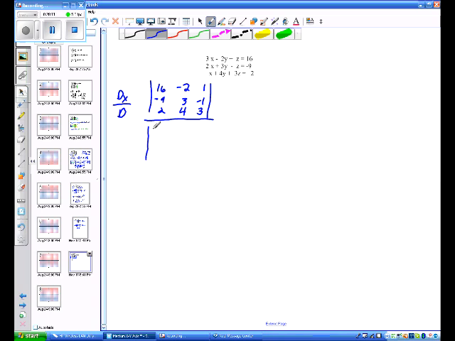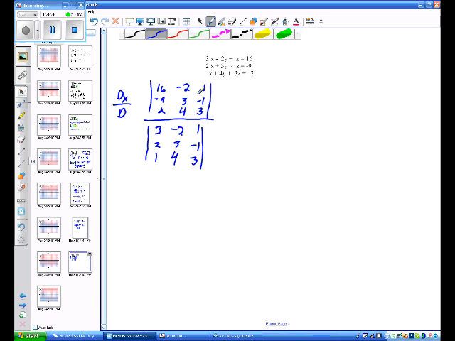but it's okay. For the denominator, it's 3, 2, 1, -2, 3, 4, and 1, -1, 3.